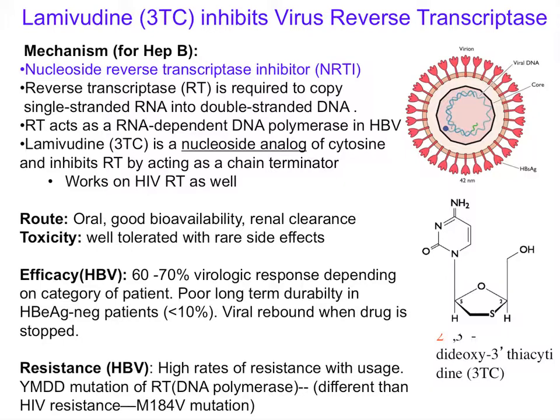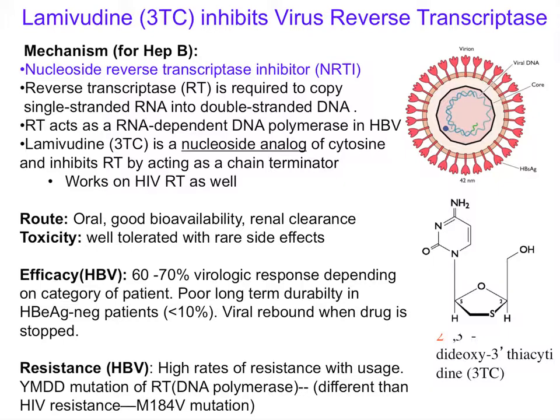In terms of the efficacy of lamivudine against hepatitis B, similar to interferon, you can get about a 60 or 70% response rate in patients with chronic active hepatitis B. The problem with this drug is that its long-term durability is poor. And so within a few years, more than half of individuals with chronic active hepatitis B will actually develop some viral rebound.